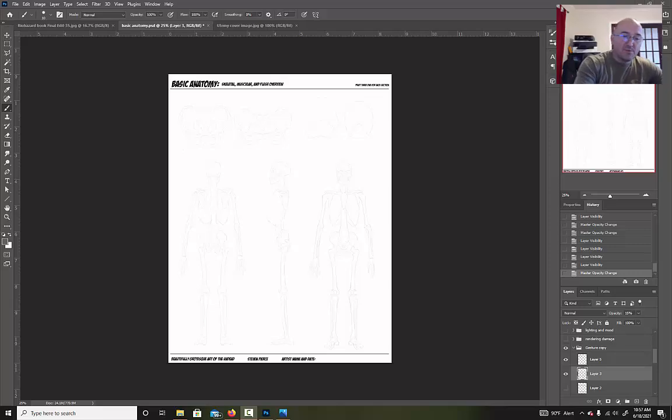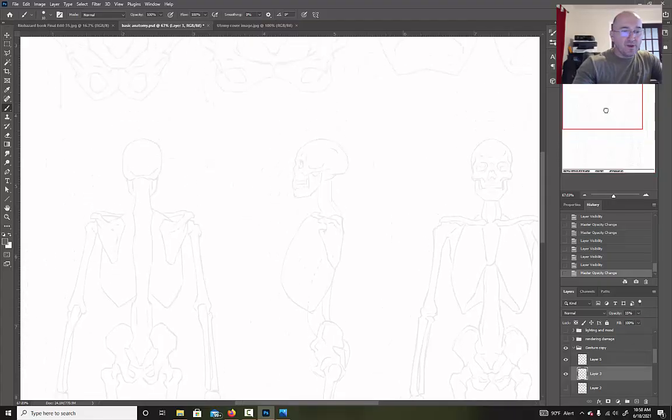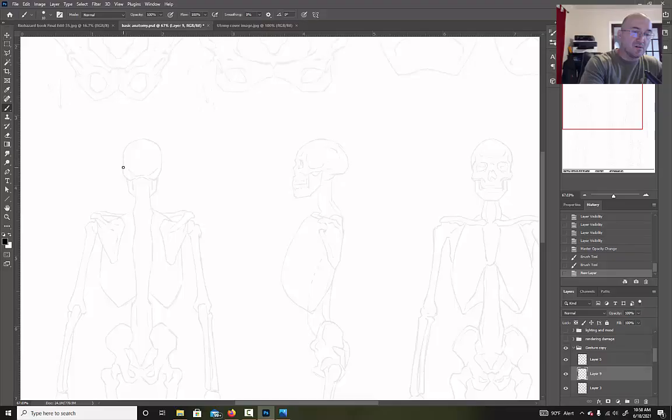So I don't want to spend a ton of time going through all the little bones, like I said. I think it's more important that we go through some of the major groups. So we'll start up here on the skull.